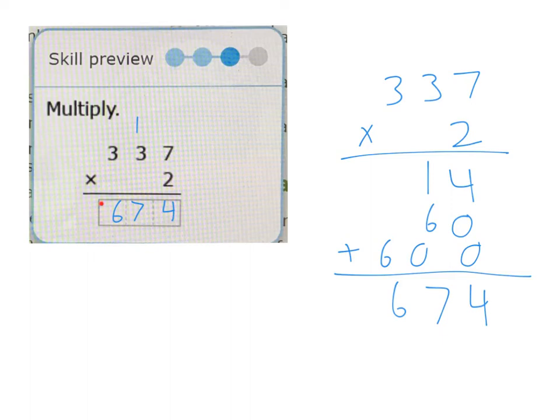The reality is you can choose whichever way you want to. Most kids default to this because it's less writing. And as the digits get bigger, this can get messy because there can be more and more digits. But I like this way as well because you see more visually what you're actually doing. Over here, it doesn't really make sense. It's so shorthand.